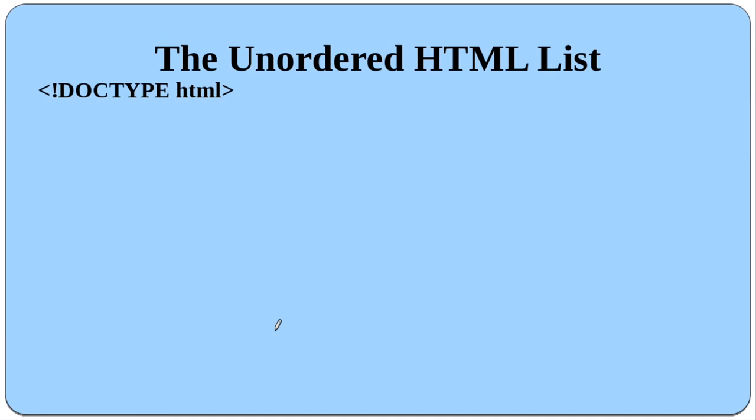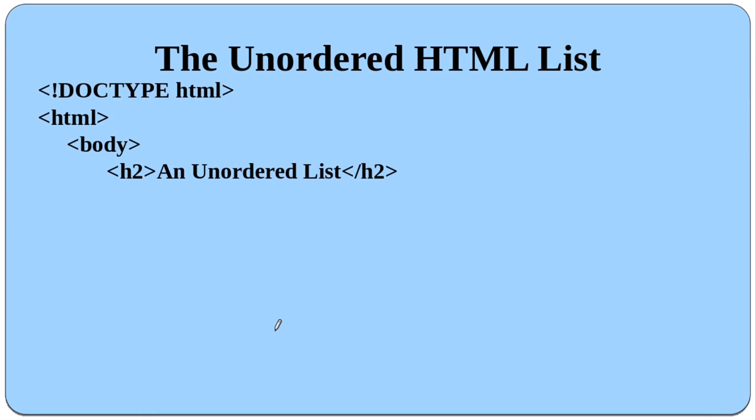Let's observe this unordered list example. Here we have the body section. An unordered list is displayed on the web page using an h2 element followed by an unordered list. The UL tag is used and list items are implemented with the LI tag.